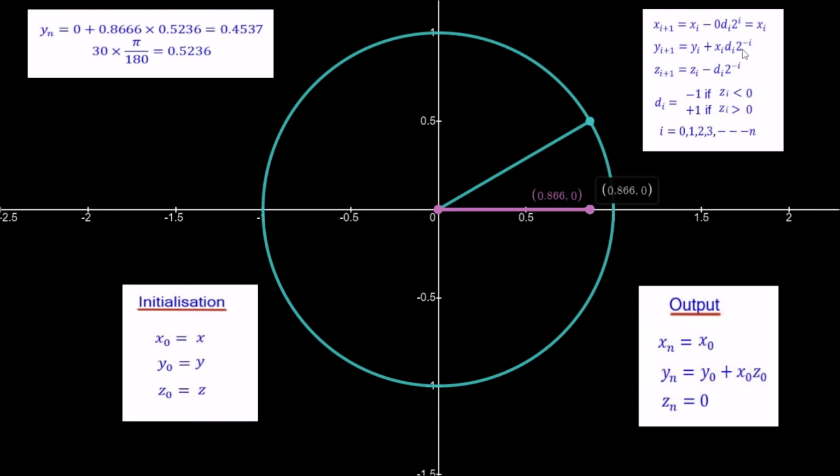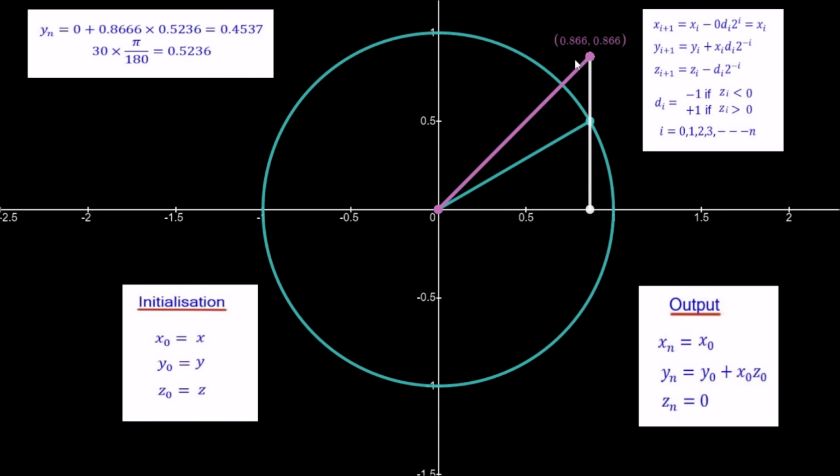So that whole term there is going to be 0 plus our 0.866 times the 1 times the 1. So in effect we're going to end up with another point here, which is 0.866. So the rotation here is in the positive or anti-clockwise direction. So we're going to rotate this up to that point. So this is our second point given by x1, y1.